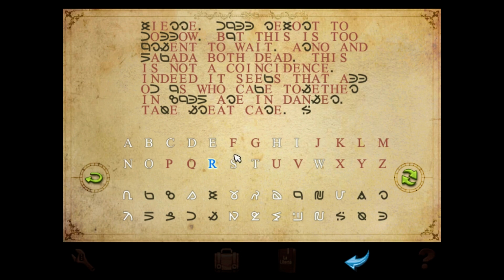Maybe this is R here. This symbol. Which right there. Maybe this is M. Yeah, it's not R, it's M. It seems who came.